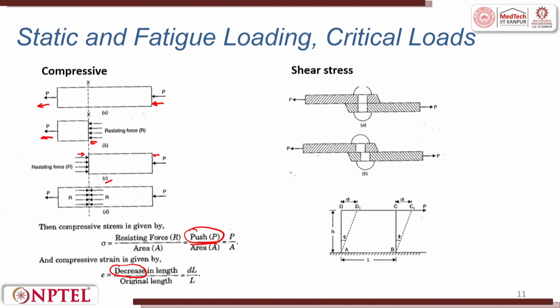Now comes the shear stress. You see here the force is acting in this direction; this is a rivet, subjected to a load P in the negative and positive direction, and this is the plane where shear could happen.